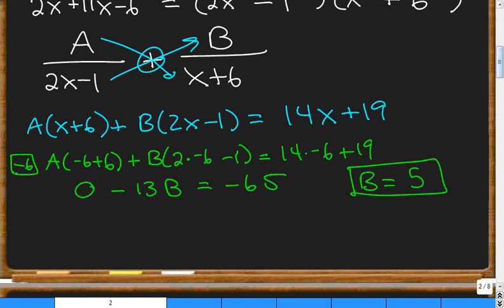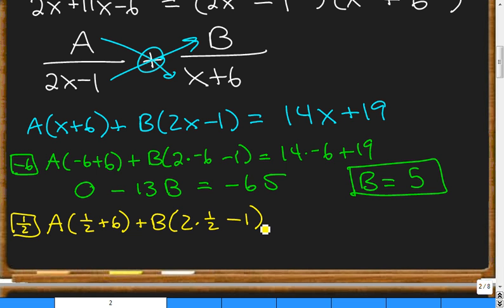So now we use our other 0, which comes from here, which is going to be 1/2, to figure out the other part. So we're going to get A times 1/2 plus 6 plus B times 2 times 1/2 minus 1 equals 14 times 1/2 plus 19.